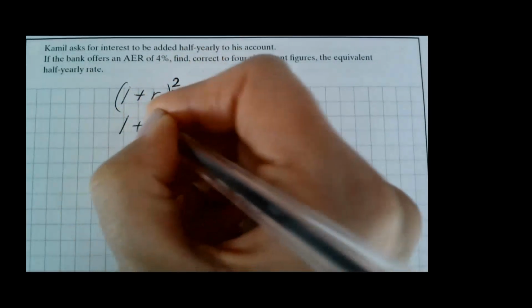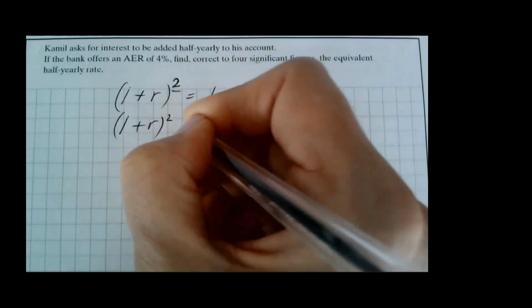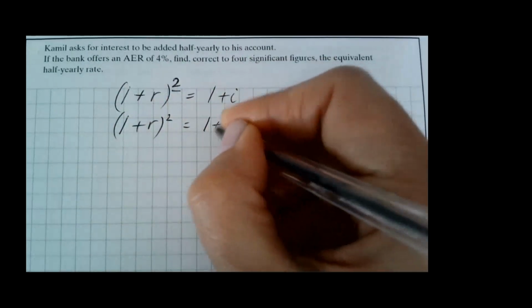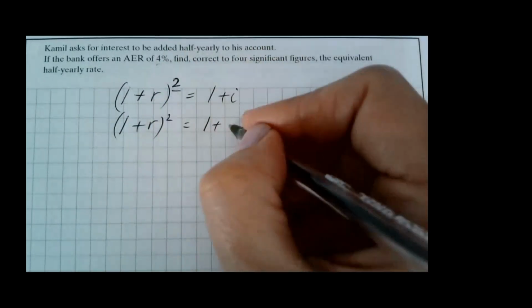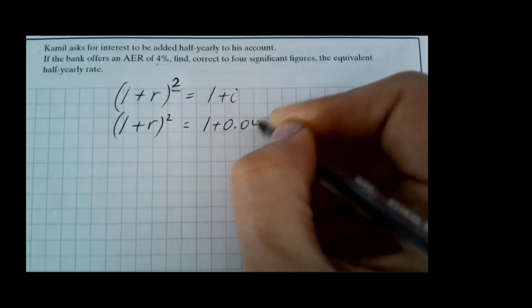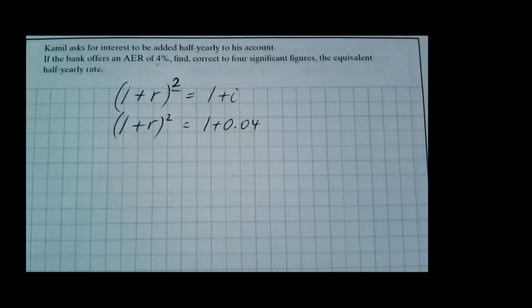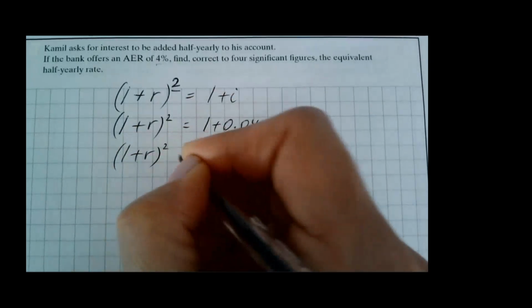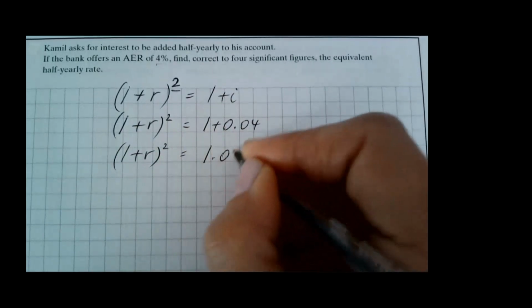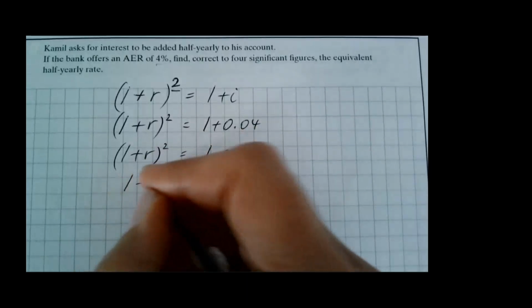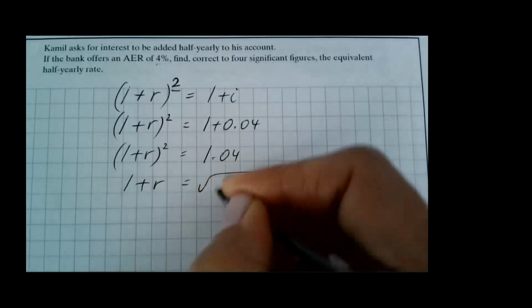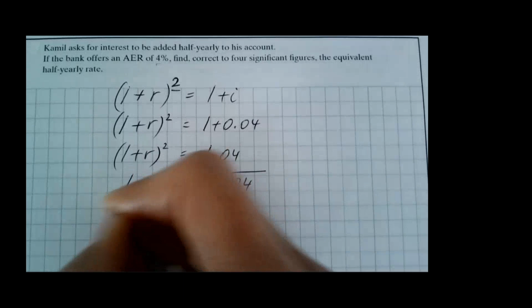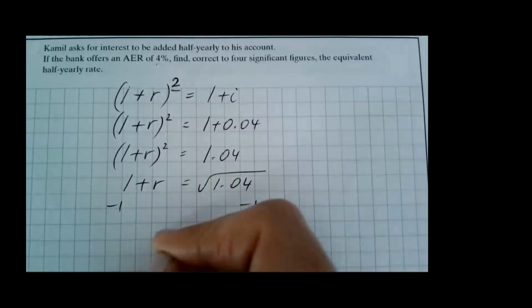So 1 plus r to the power of 2 is equal to 1 plus, and decimal form of that annual rate is 0.04 for 4%. So I have 1 plus r, all to be squared, is equal to 1.04. To undo the square, of course, I will square root, and then I will take away 1.